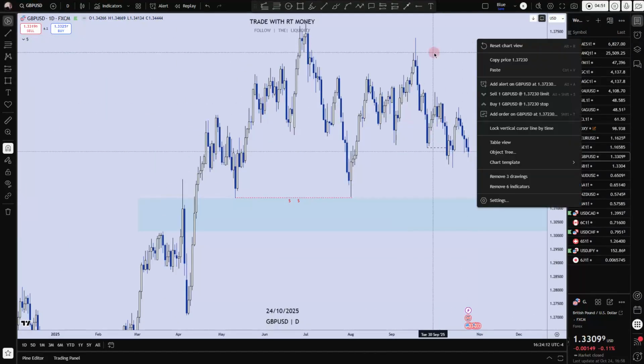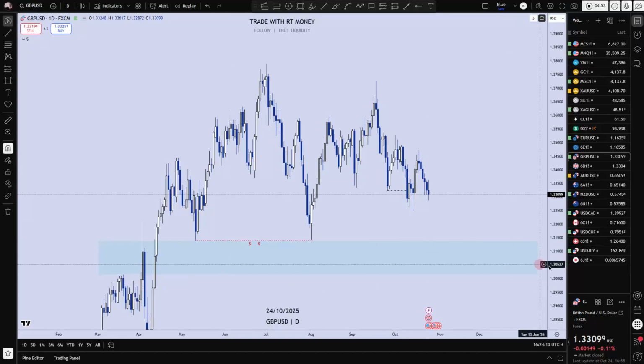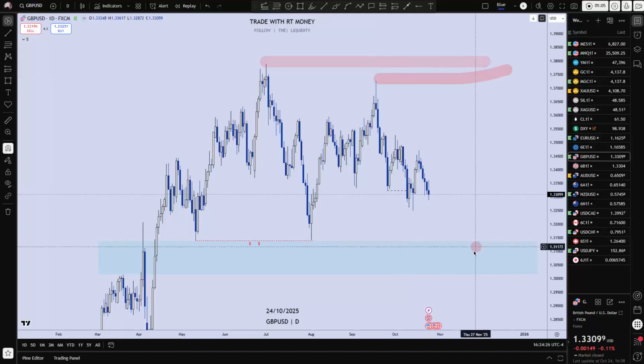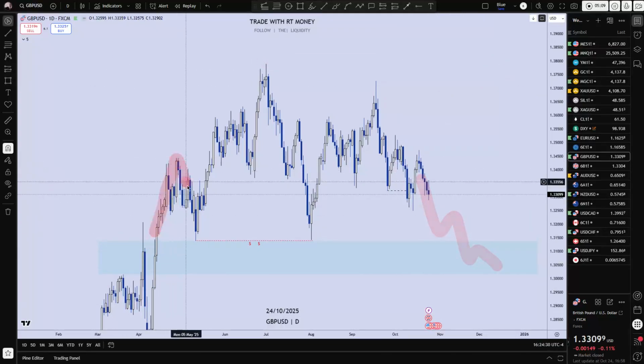All right, here we are coming towards this fair value gap, which is internal range liquidity, and this is the external range liquidity up here. I'm looking for price to pull back after making higher highs, and taking all this external range liquidity and leaving this one unmitigated.